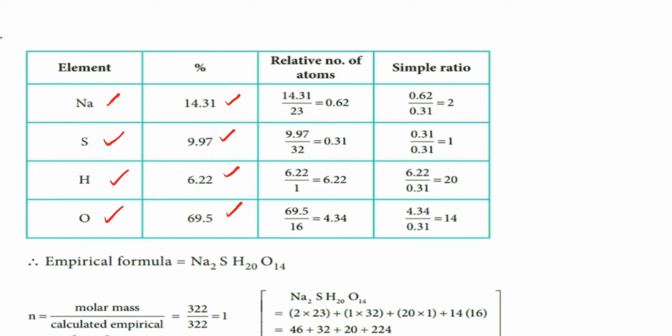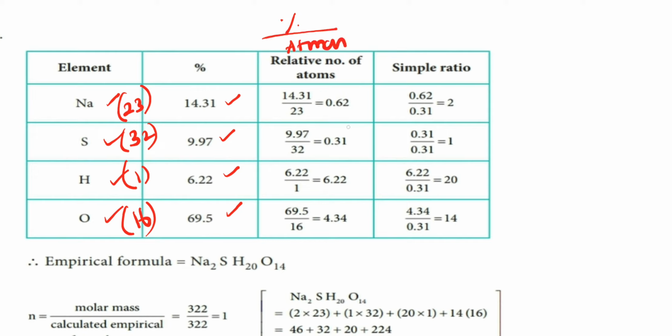In this one, to calculate the relative number of atoms we need the atomic masses: 23, 32, 1 and 16. The relative number of atoms is percentage divided by atomic mass.